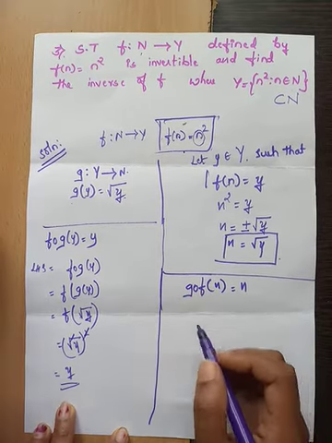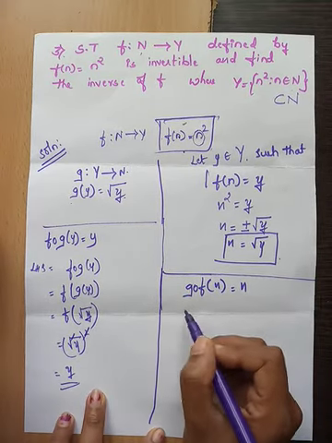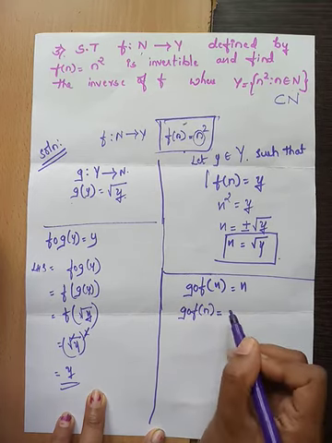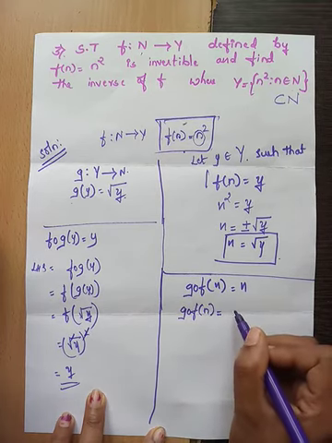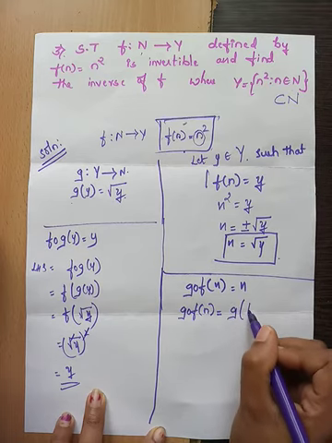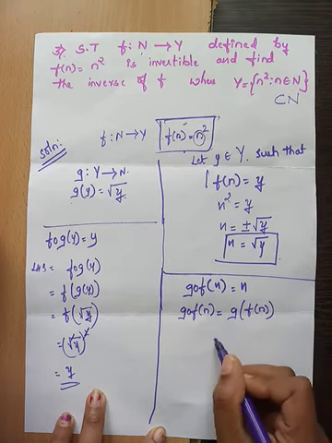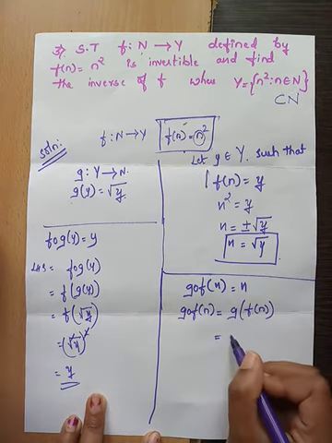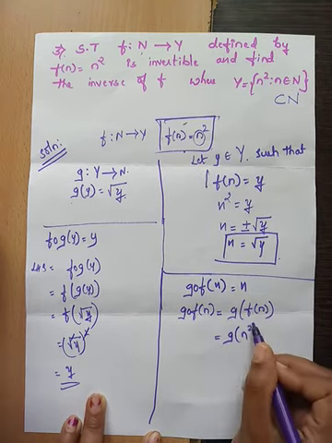Now, one more we have to show, g composition f of n is n. We will start with the left hand side and try to arrive at the right hand side. So, g composition f of n is g of f of n, correct. But what is f of n? f of n is n square. So, g of n square.